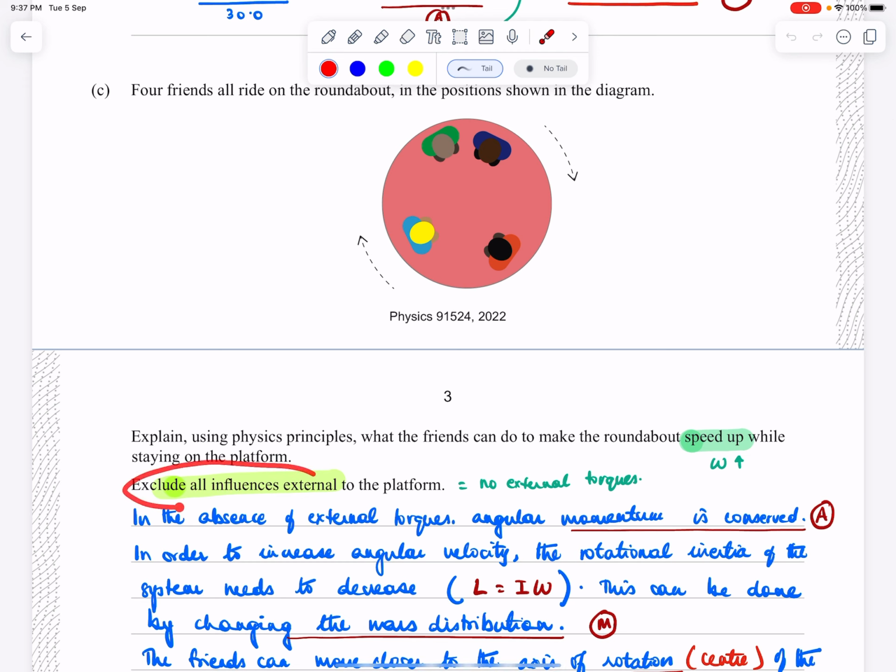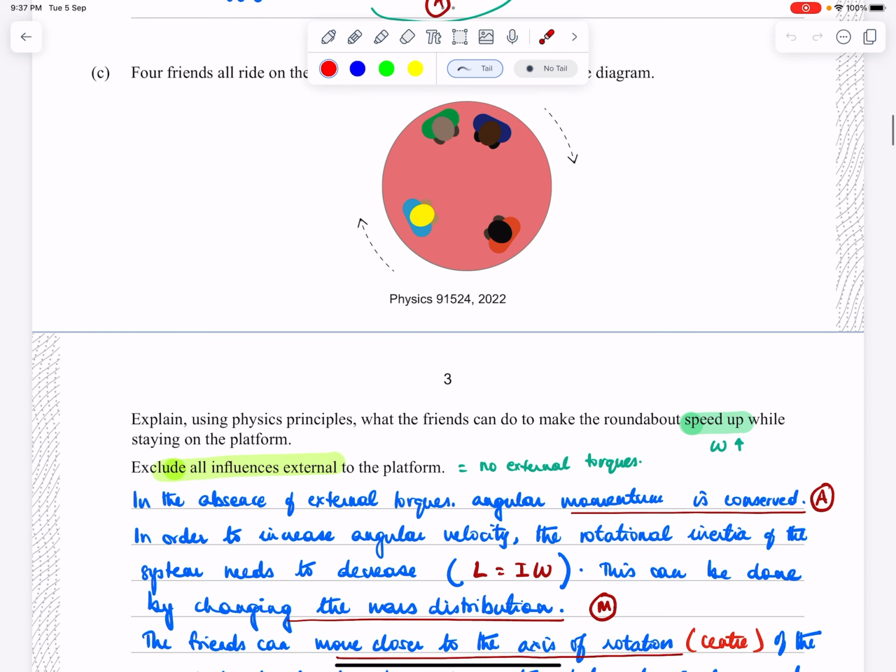So taking on from here, when you don't have any external torques, then angular momentum is conserved. So you need to make that statement, and if that's the only thing you've written, you probably get an achieved there. In order to increase angular velocity, remember we said that angular velocity might increase, the rotational inertia of the system needs to decrease, okay?